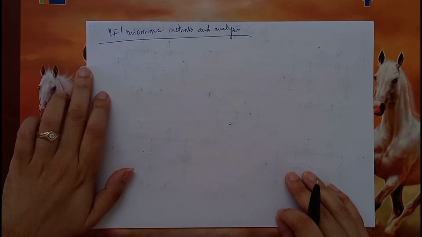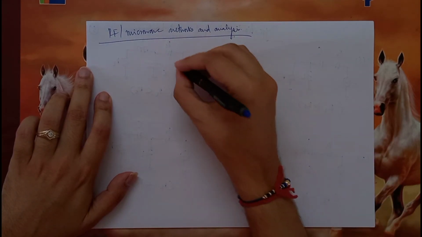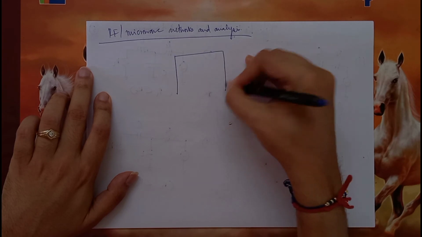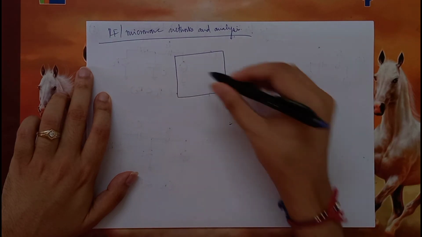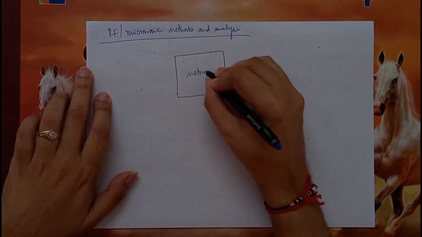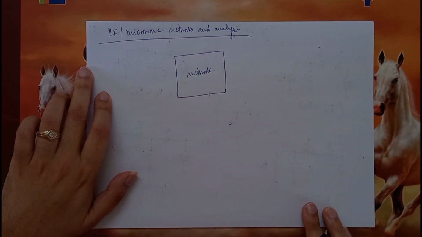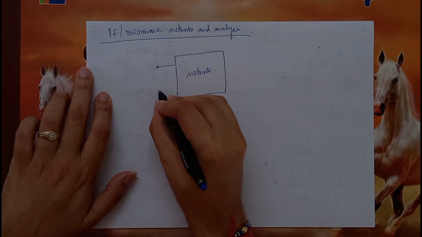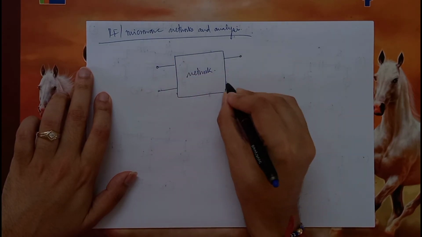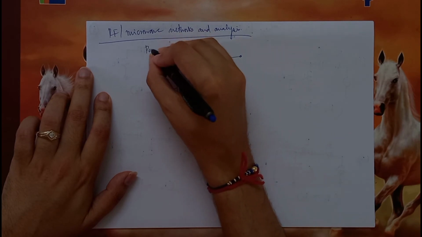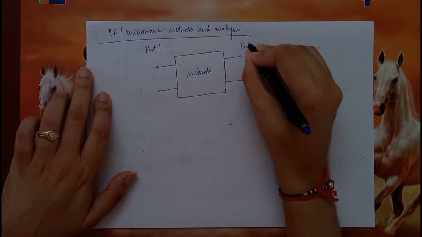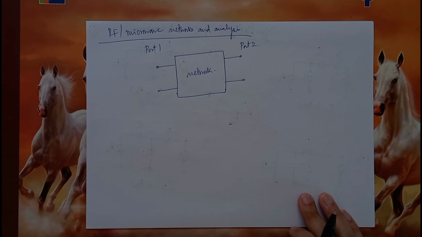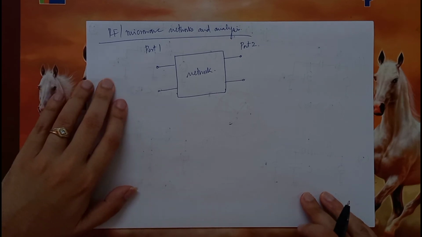So in its simplest form, a network can consist of multiple elements and has some things called as ports. So you can have, in the simplest form, a two-port network. Let's say port 1 and port 2. One can be the input, one can be the output.